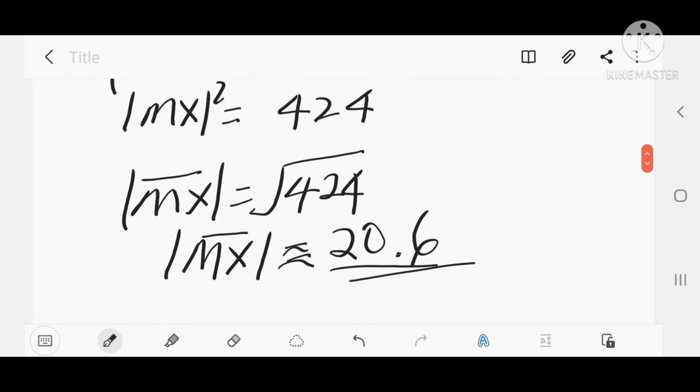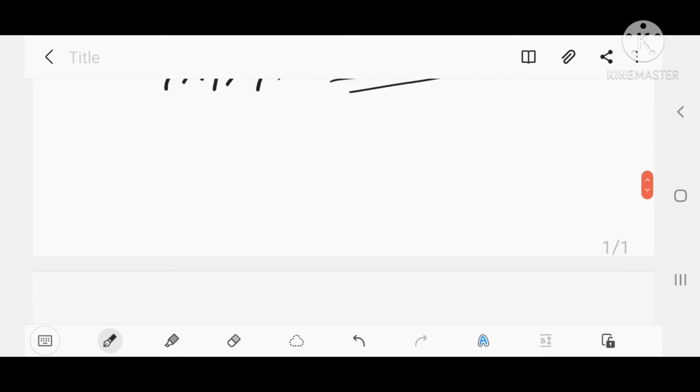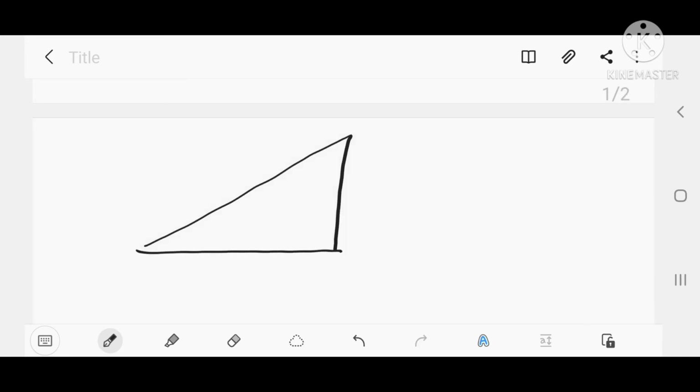We use the same approach to get the angle of depression from X to M. With the same triangle, we have M and X. Since it's a right angle triangle, the angle of depression is the angle between the horizontal line and the line MX.